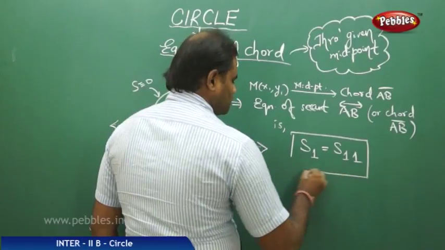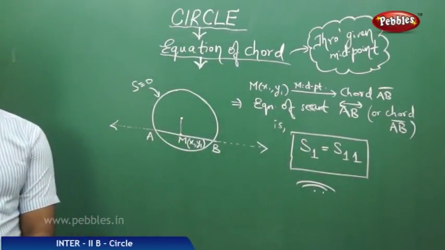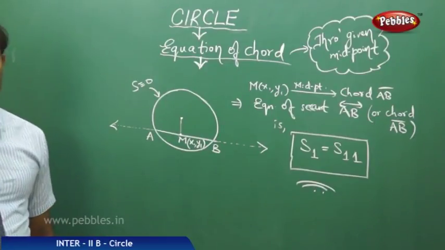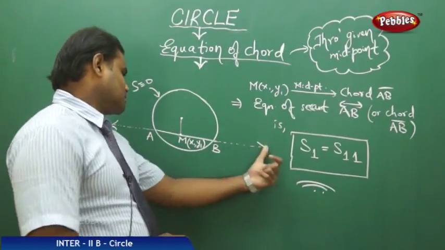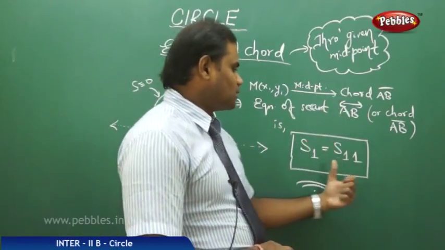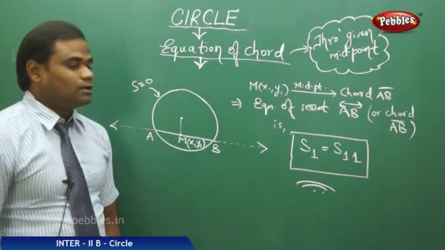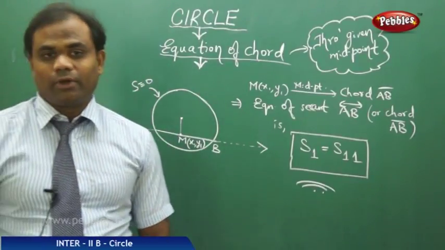This is how we understand the concept of the midpoint connected with finding the equation of a chord. So the equation of the chord or the secant with respect to the midpoint (x1, y1) is S1 equals S11, is how we understand the equation of the chord through the midpoint.